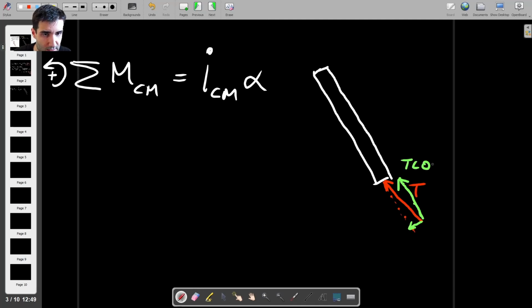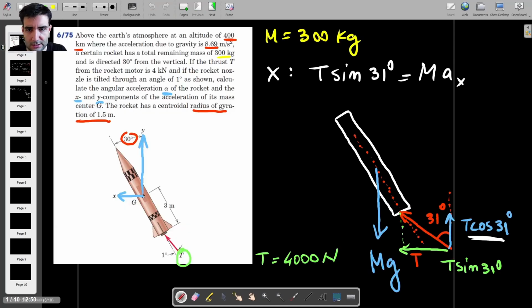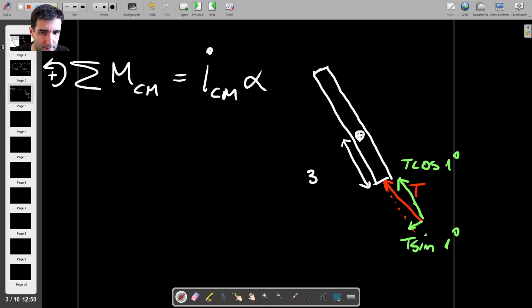And this one is T cosine of 1 degree, and then the other one is T sine of 1 degree. Okay, so we have the center of mass somewhere here, and we know the distance from the center of mass to the nozzle is 3 meters, and then we can use this formula here.